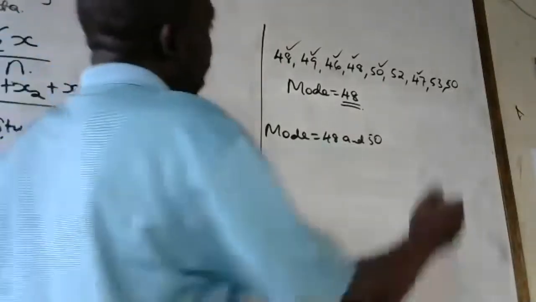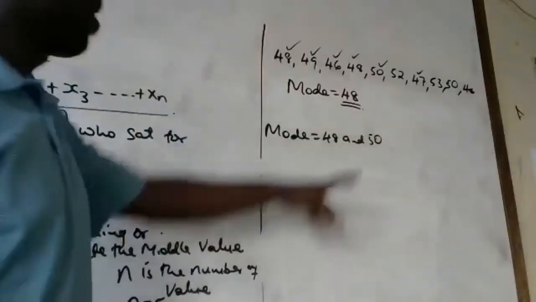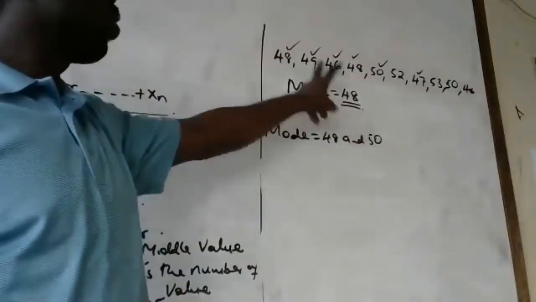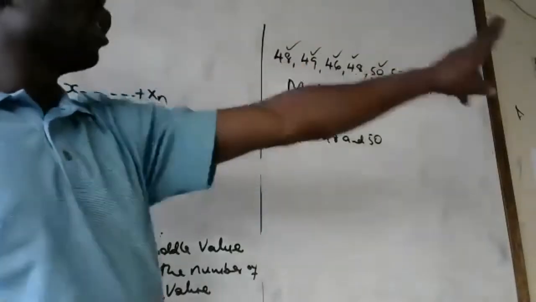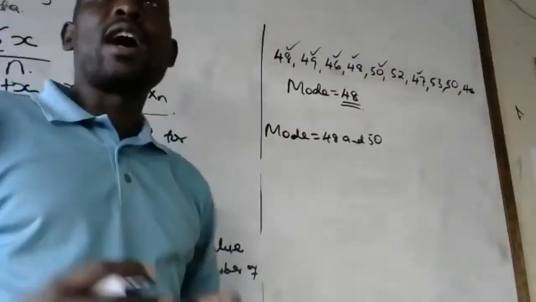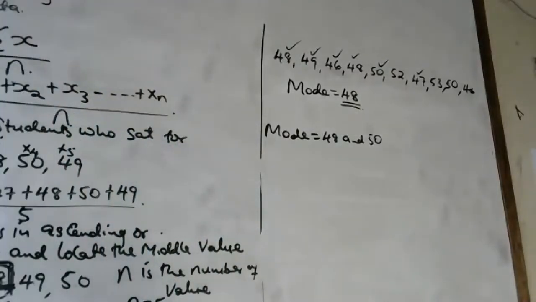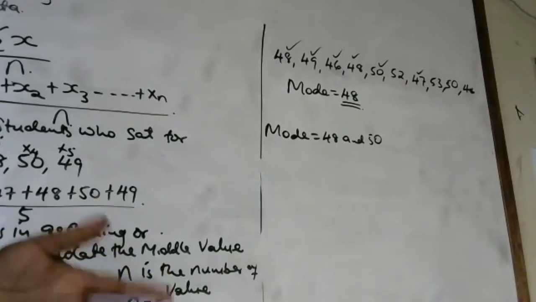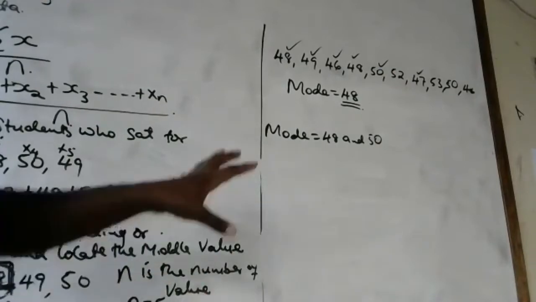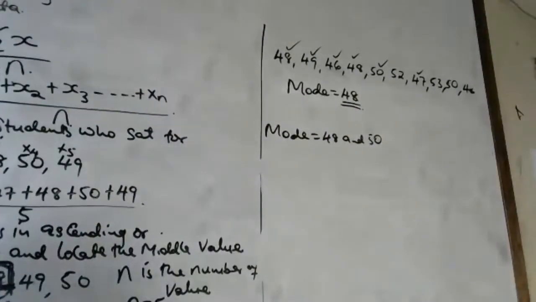But if we had another 48 here, now the mode will be 48, because 48 will have appeared 3 times and 50 only twice. You only consider the value that is repeated more times than any other. But if they are repeated the same number of times, then you list them both as the mode.